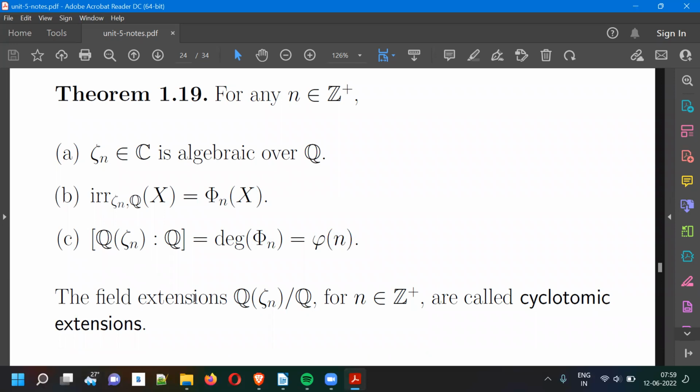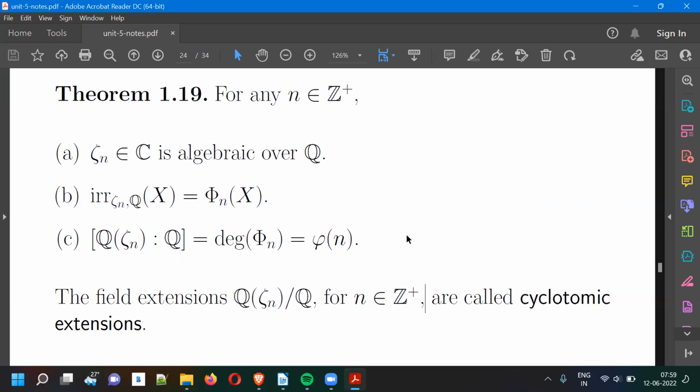Now these field extensions, exactly these field extensions, Q(zeta n) over Q for any positive integer n, are called the cyclotomic extensions. When n is a prime p, we call it a p-cyclotomic extension. But otherwise, in general, these are called cyclotomic extensions.